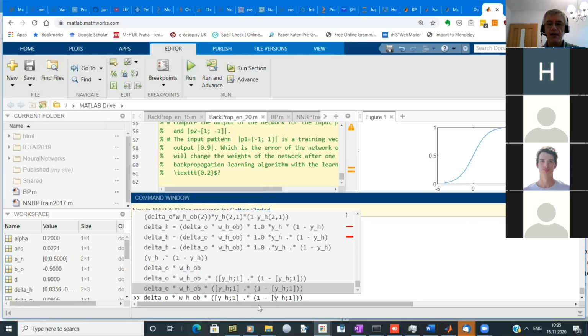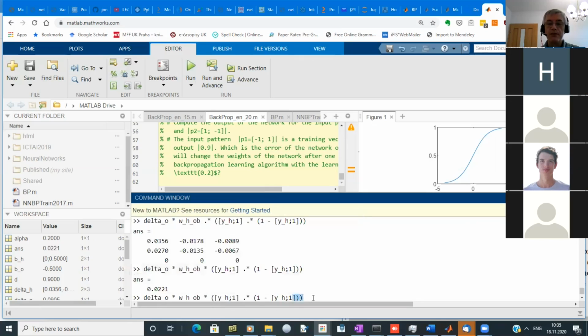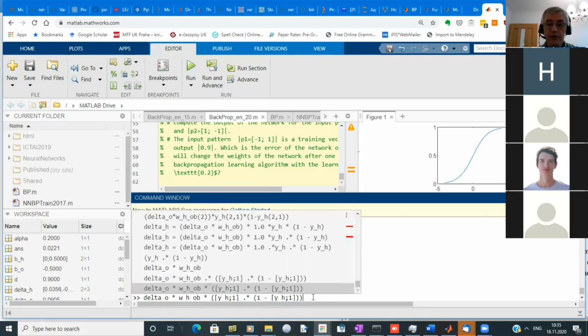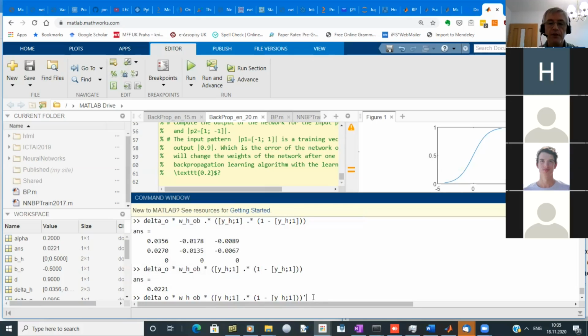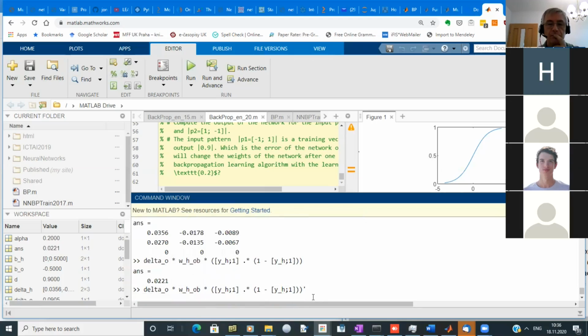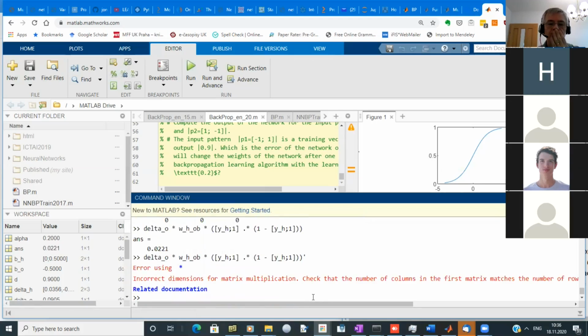Transpose. What should be transposed? If we transpose, excuse me, so if we add transposition here, not correct.